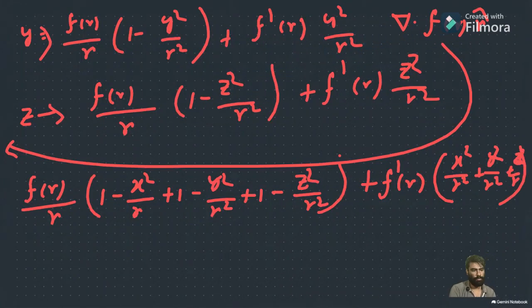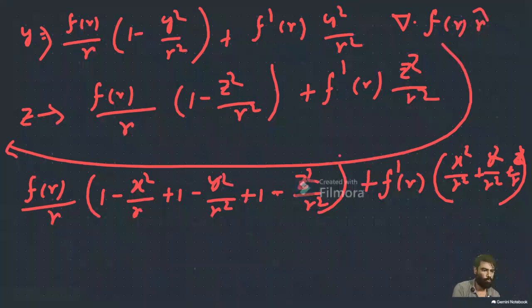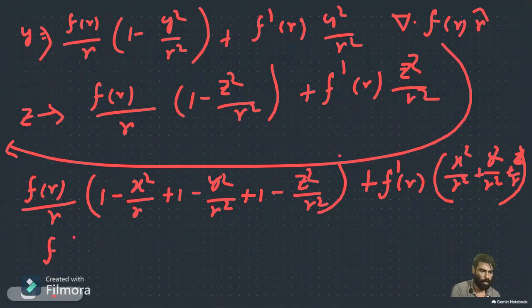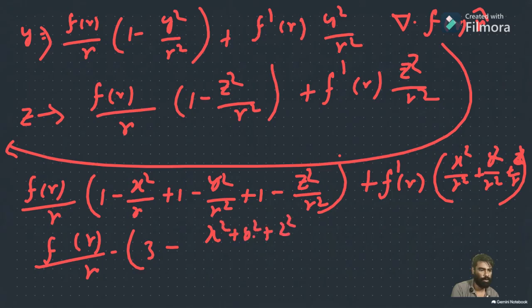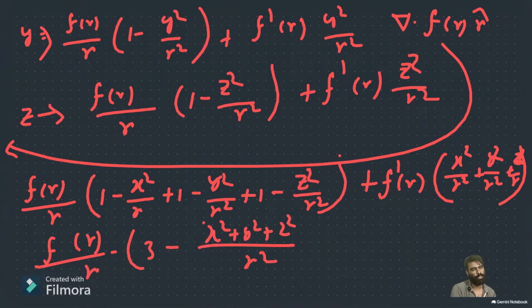Okay, now if you see this, that is 3 f(r) by r times 3 minus x square plus y square plus z square by r square. That also means x square plus y square plus z square is r square.